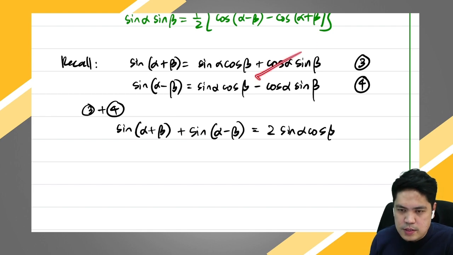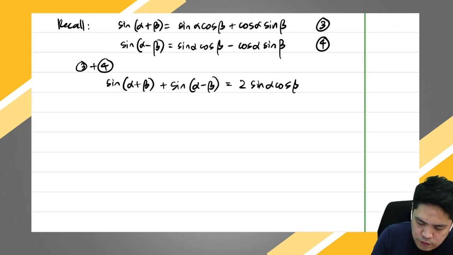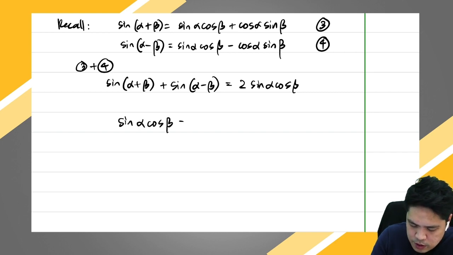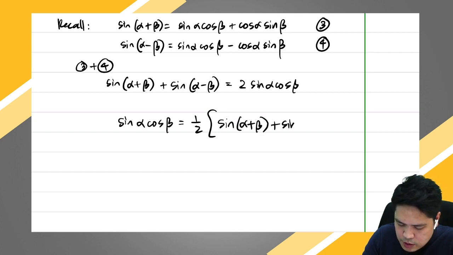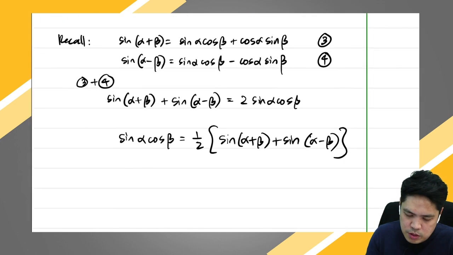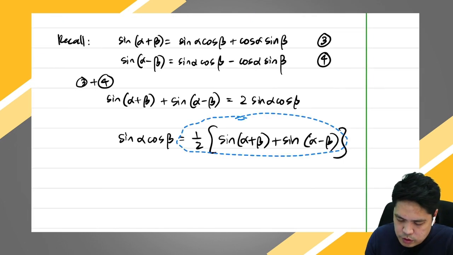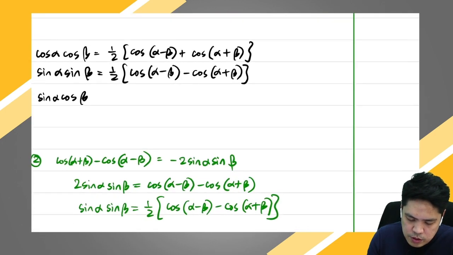So ito ma-cancel out. Okay? So therefore, we have sine alpha cosine beta, that is equal to 1/2 of sine alpha plus beta plus sine alpha minus beta. So this would be our formula. So let us copy this and paste it here.